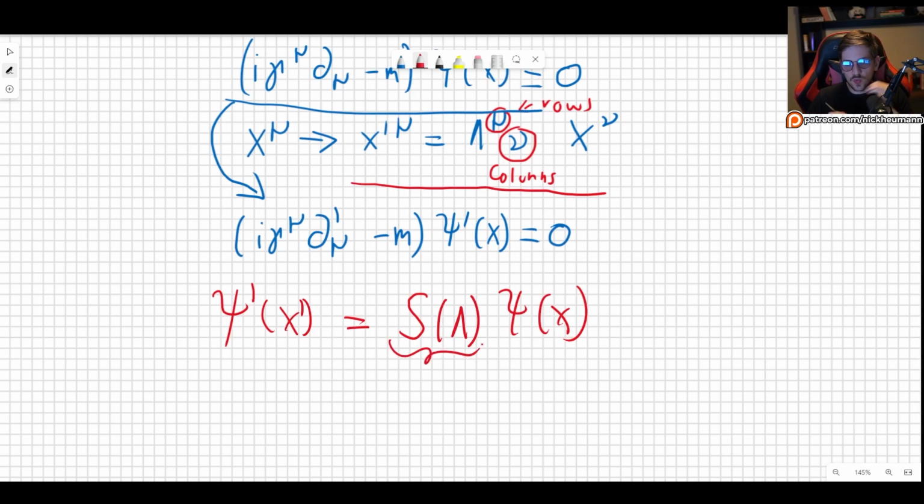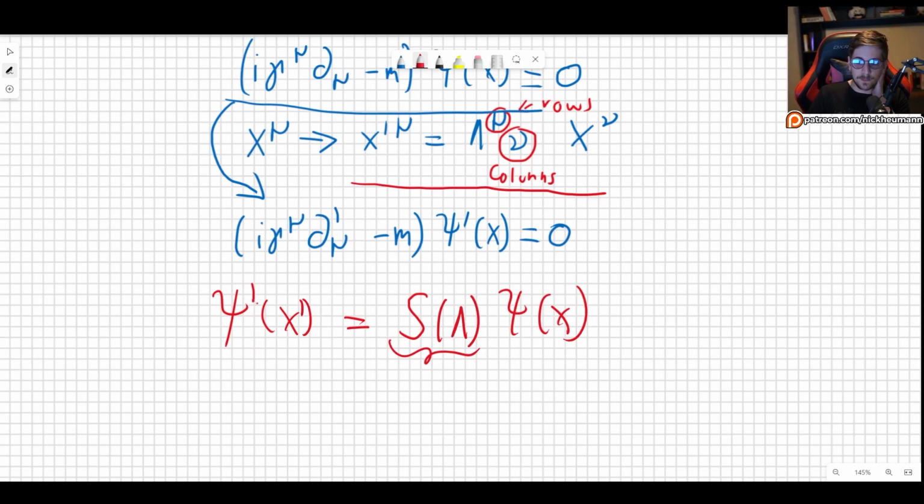Now we don't know what this matrix is, and in fact we don't even know if it actually exists. So what we will soon do is precisely that, right? Check whether or not it exists, and if it exists, then we will see that the Dirac equation will indeed be covariant. So this is how the psi here transforms.